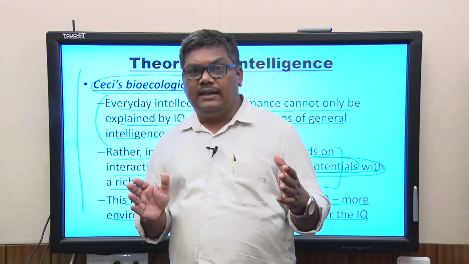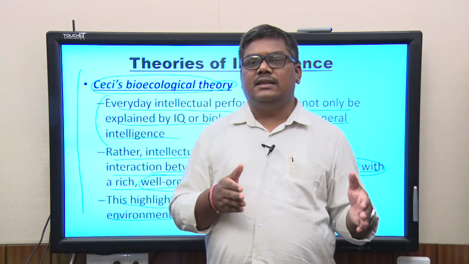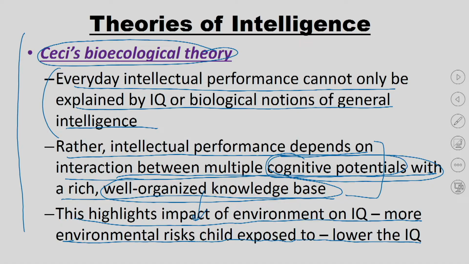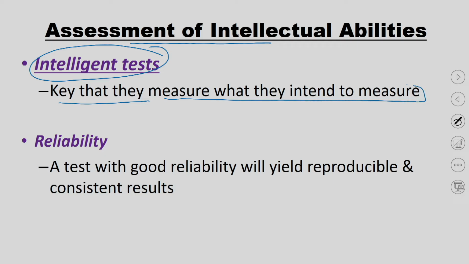Let us start by looking at that, because as I said, more interesting than the idea of intelligence is the idea of intelligence test. So, we start off by looking at how intelligence is assessed. Now, assessment of intelligence, the key is that tests measure what they intend to measure.